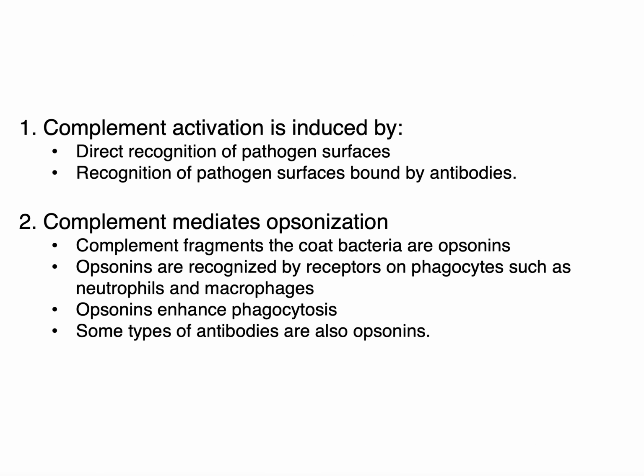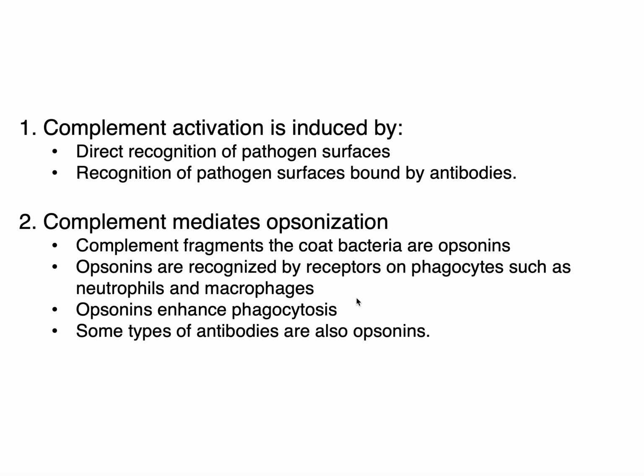So important to note, complement is induced by direct recognition of pathogen surfaces. Complement activation is also induced by recognition of pathogens that are bound by antibodies. And we'll talk a little bit about that when we get to the adaptive immune response. Complement also mediates opsonization. So complement fragments that coat bacteria are called opsonins.